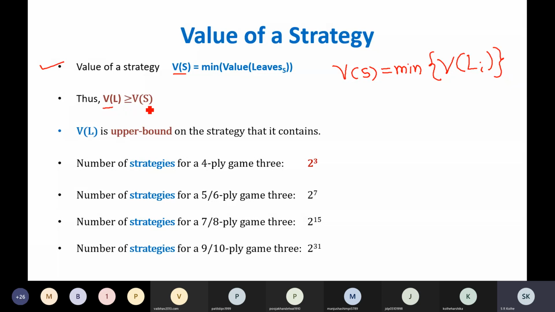Therefore, for any leaf in strategy S, the value of that leaf is always greater than or equal to the value of the strategy, because the value of a strategy is the minimum of the values of the leaf nodes, right? Since the value of a strategy is always the minimum number in that particular strategy, the value of any leaf in that strategy is always greater than or equal to the value of the strategy. It is natural, obvious. Am I right?